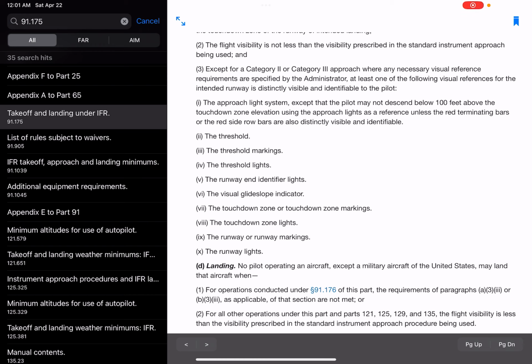The rail is the pulsating lights to the decision bar, while the runway end identifier lights are the lights that flash at the beginning of the runway. Also, your VASI, visual glide slope indicator, or any markings on the runway, such as the touchdown zone marking, touchdown zone lights, the actual runway itself, or runway markings as well as runway lights.